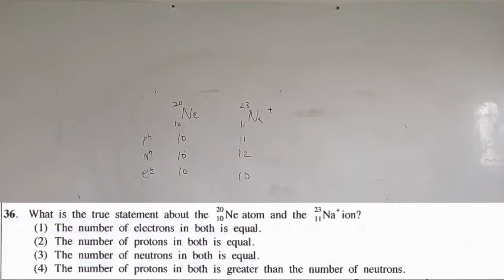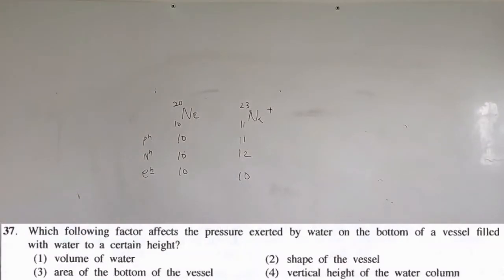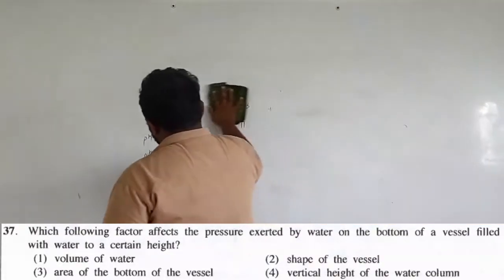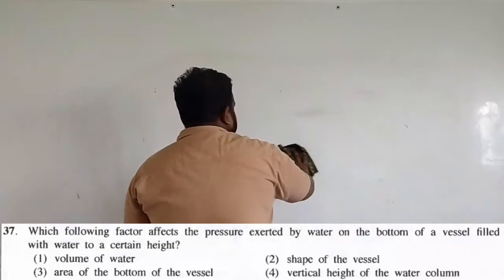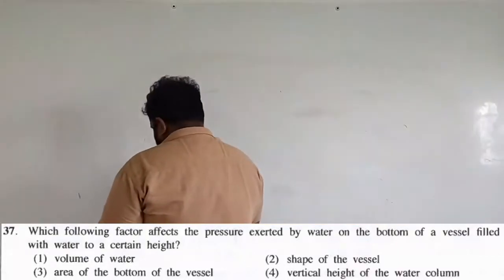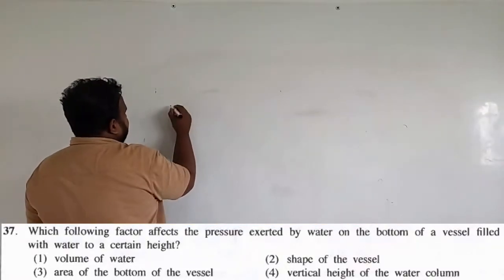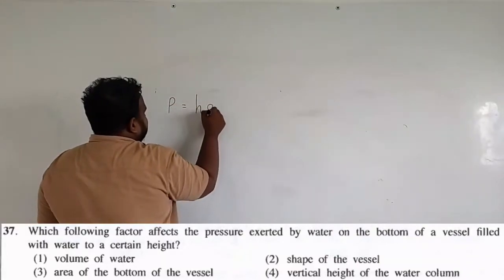So we go to the 37th one. Which of the following factors affects the pressure exerted by water on the bottom of a vessel filled with water to a certain height? Here, hydrostatic pressure depends on what? That's the direct question they have asked. Hydrostatic pressure equals h rho g.